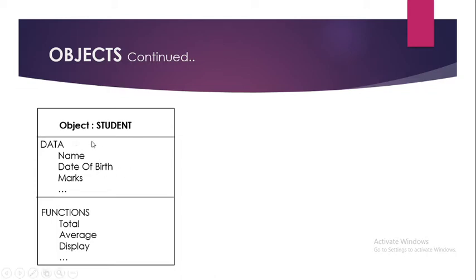So this student may have data like name, date of birth, marks, and many more data items can be added as per the requirement. And its associated functions are total, average, display, or as per the requirement. Here also we can add some functions.